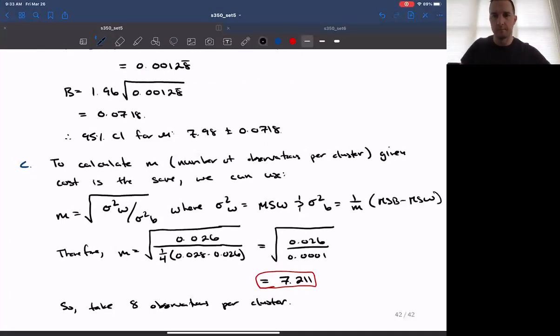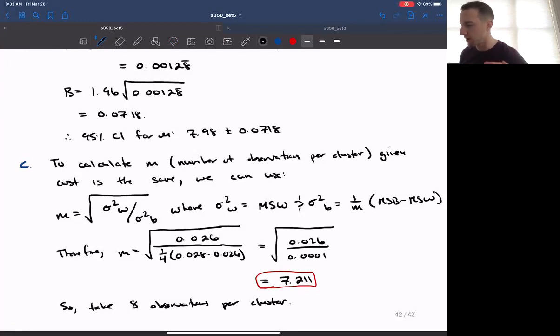All right, got there slowly, as per usual with this stuff. Again, apologies for that. The mistake that I made is I took little m to mean the total number of observations across all of the selected clusters, but in this context, it's the number of observations per cluster.